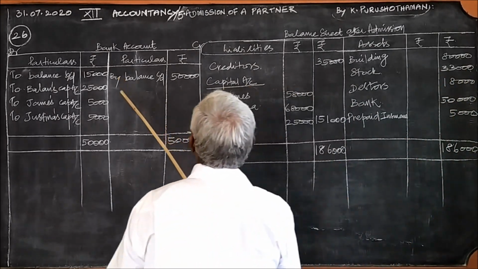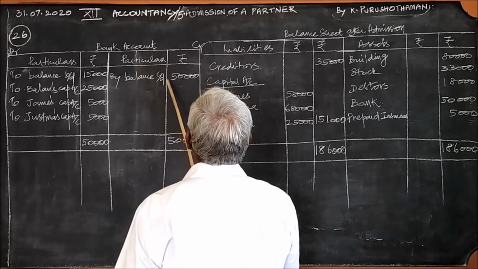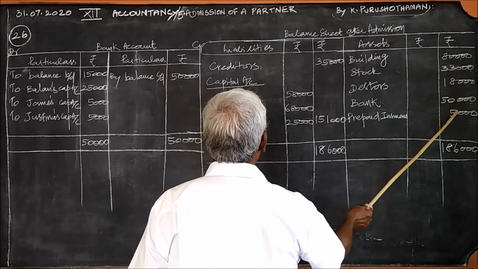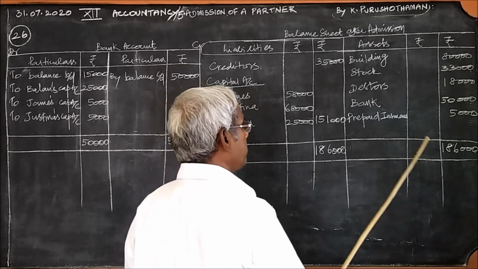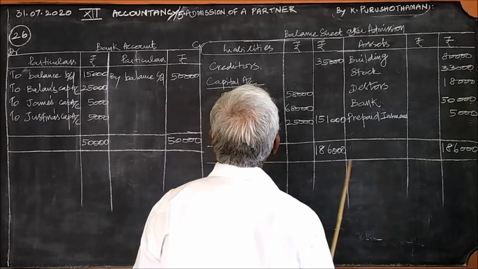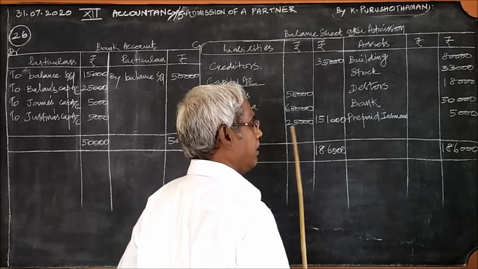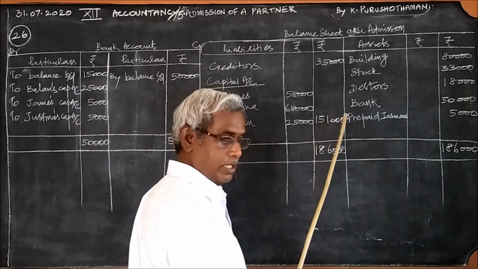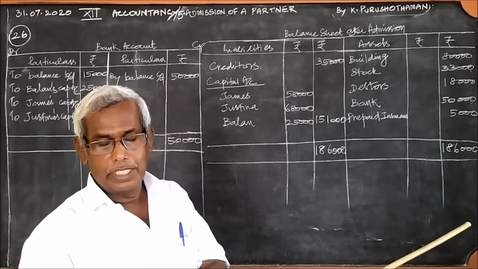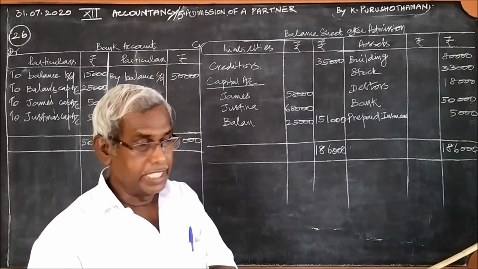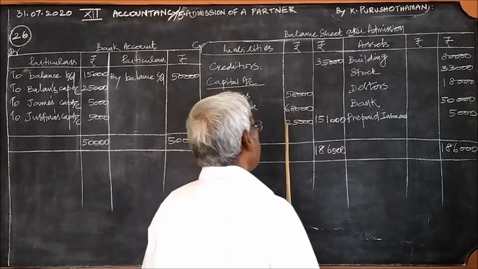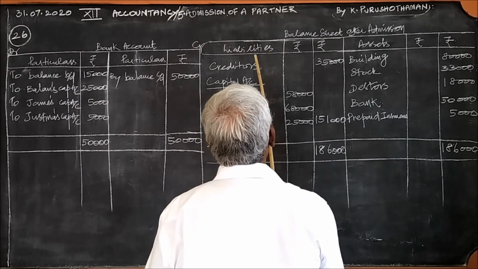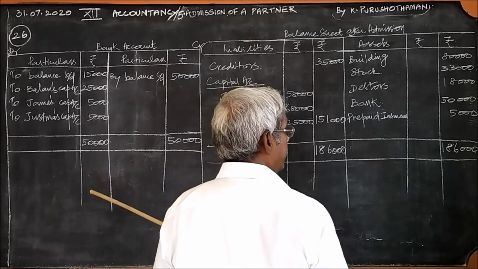Bank, we have prepared already the bank account ledger. In this the bank balance is 50,000. You write the 50,000. And the next item is prepaid insurance 5,000. You write it. And go to the liability side of the question. In the liability side there is a term reserve fund. That reserve fund has been included in the capital account. Therefore, that will appear in the capital account. The other item is creditors, 35,000.